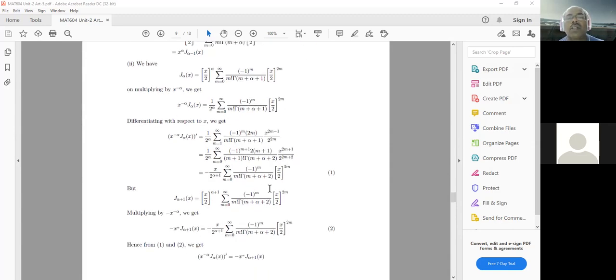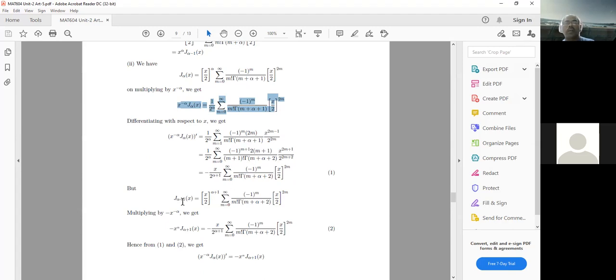Now the second result. Again we start with the Bessel function of order alpha and multiply it with x to the power minus alpha, and apply the laws of indices wherever necessary. Then we differentiate this expression with respect to x in the same way and rearrange the terms.